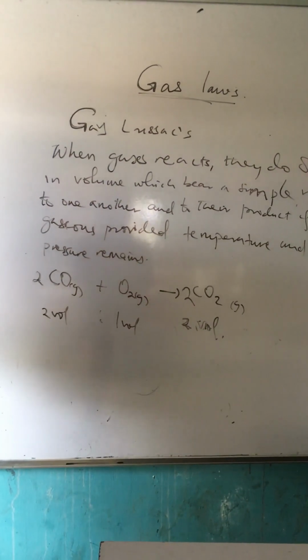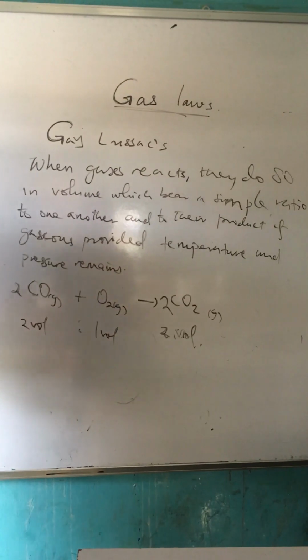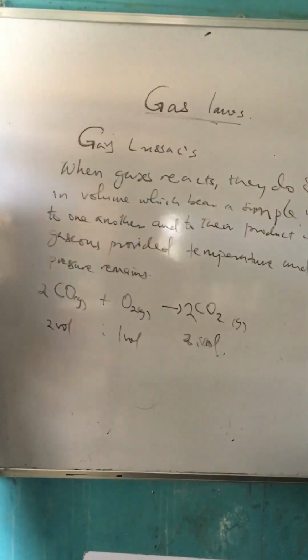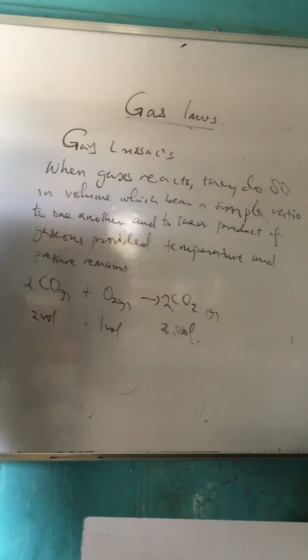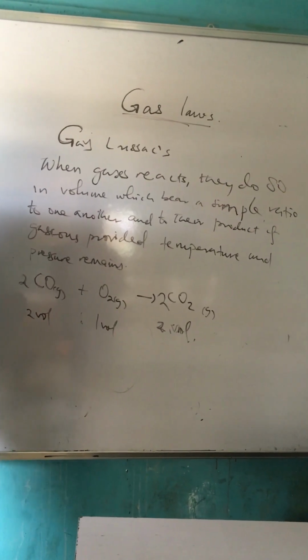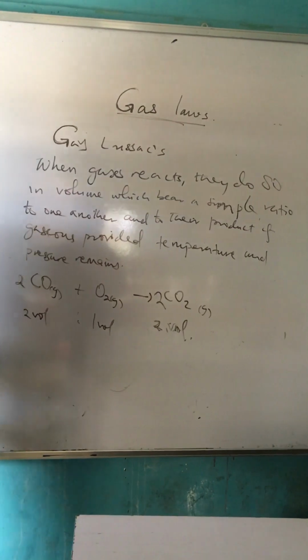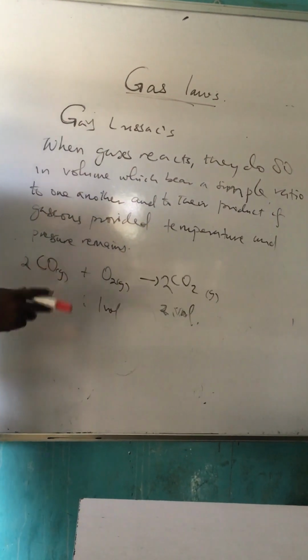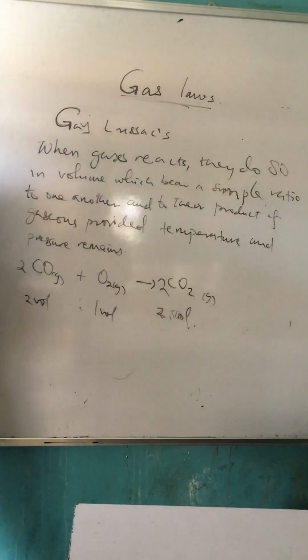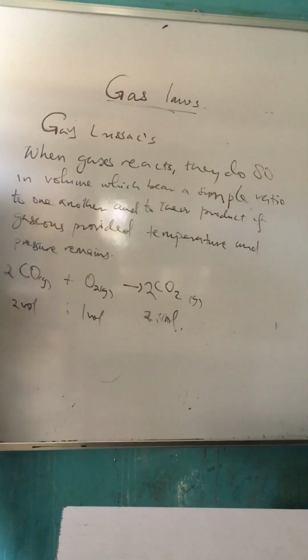Suppose we break this down to a calculation. When calculating with Gay-Lussac's law, these are the important things you have to bear in mind. Number one, you will have to note the ratio with which they combine.